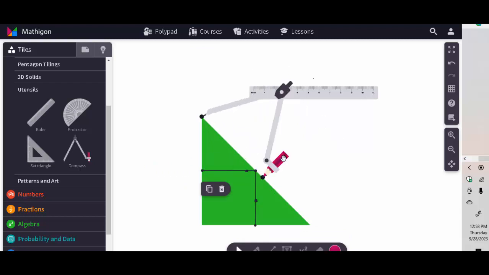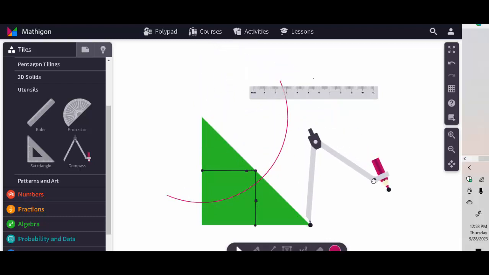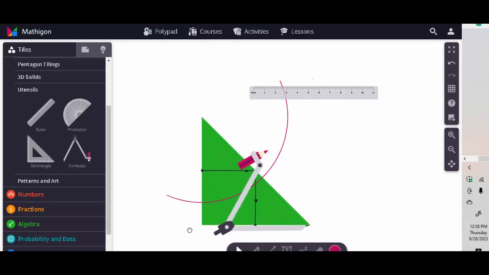Now let's do the next side. Again, put your pointy part in the corner, open your pencil a little more than halfway and do the arc. Then do the same with the other side. Don't change how open your compass is, and draw the arc going the other way.